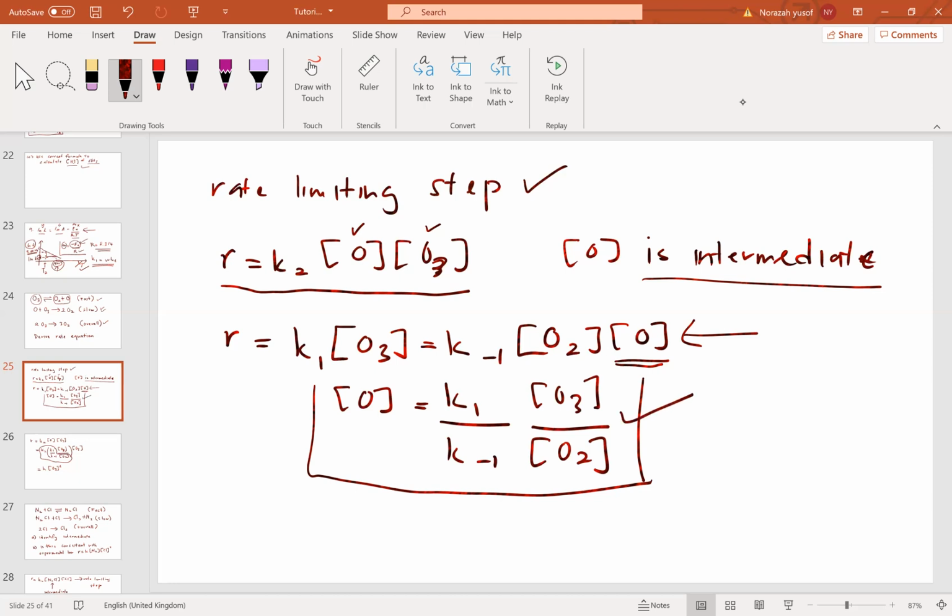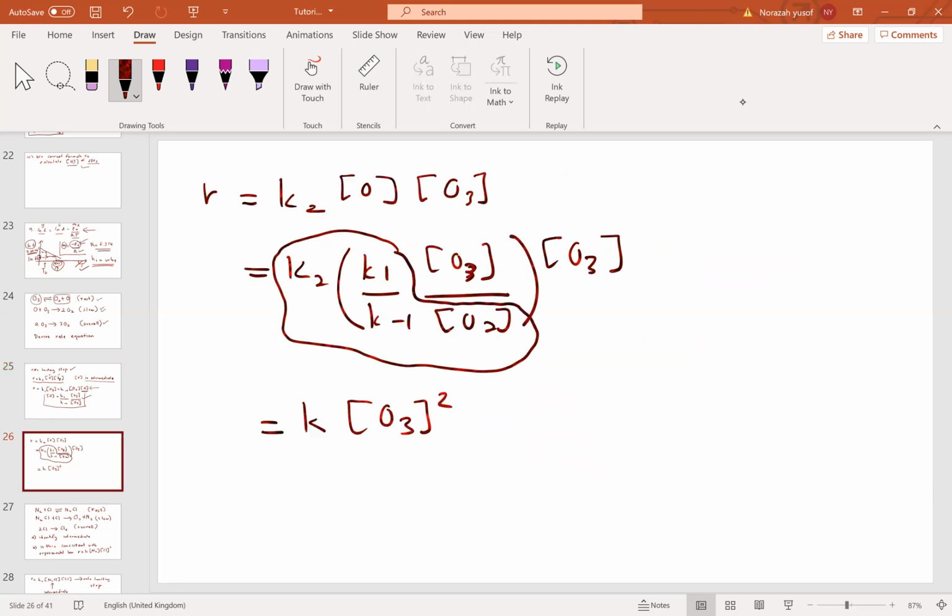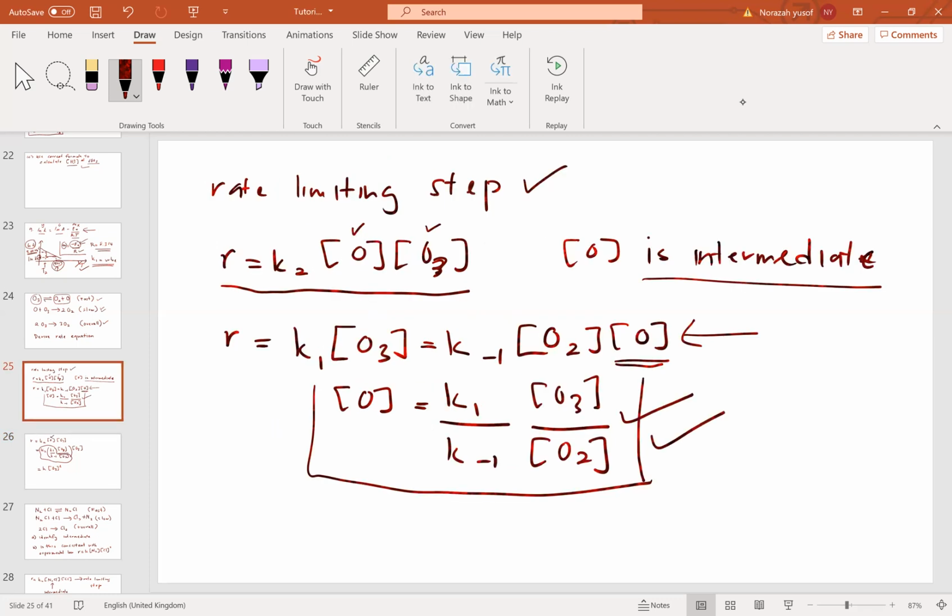The next step is to replace the oxygen atom with this expression inside the rate equation of the rate limiting step.